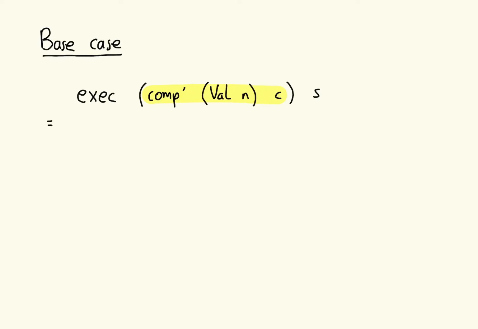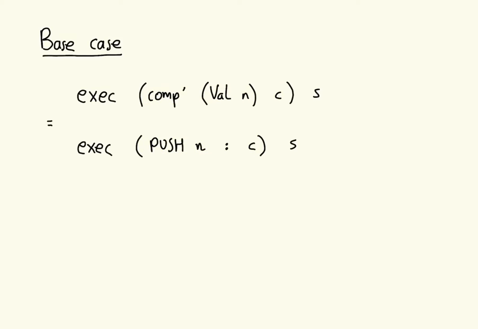We know how to compile a value: we just push that value, follow on with the code C, and copy down the stack S. So all I've done here is expand the definition of the compilation function, and we get push n followed by C.